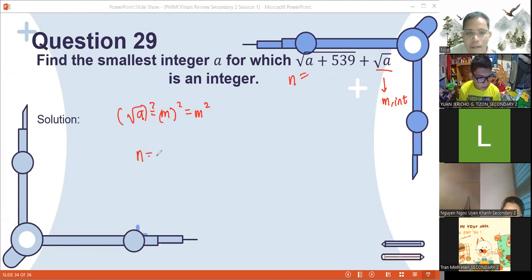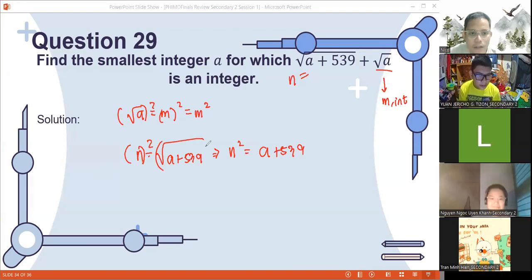So n is the square root of a plus 539, which means n squared is equal to a plus 539. You square both sides. Take note that a is equal to m squared.